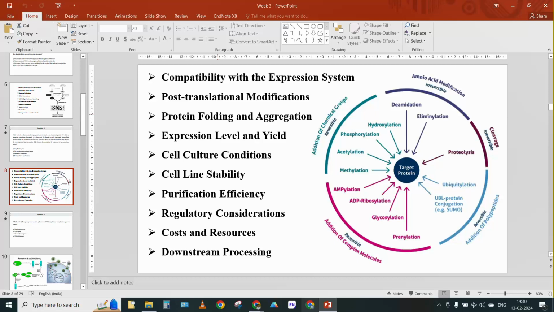In cell culture conditions and stability, he should have considered the ease of handling and scalability of cell cultures for large-scale protein production, and evaluate the stability of the chosen host cell line for consistent and reproducible protein expression over multiple generations. And after cell line stability, he should have moved further to purification efficiency. So he has chosen the purification efficiency by using the post-translational modifications, which should be compatible with the chosen host.